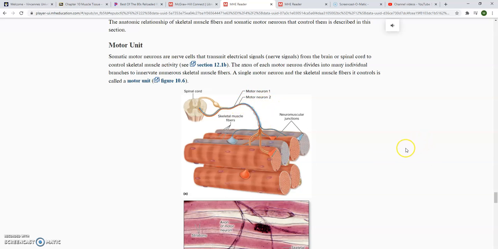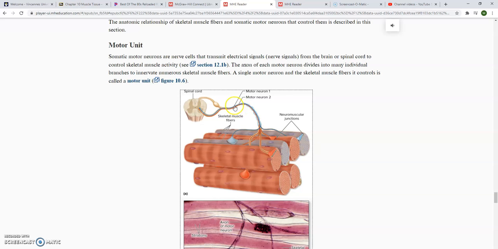But they have different colors, that way we can see which skeletal muscle cells or fibers. So there's 4 and then 2 here. So we have like a little group of skeletal muscle fibers or cells here. So that just helps you tell which motor neuron is taking a signal to which skeletal muscle fiber or cell.